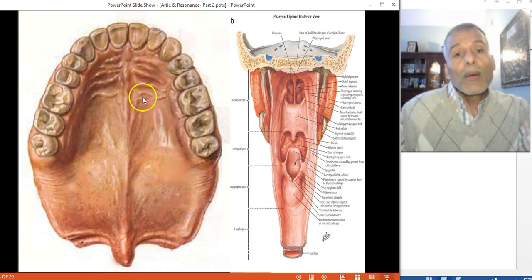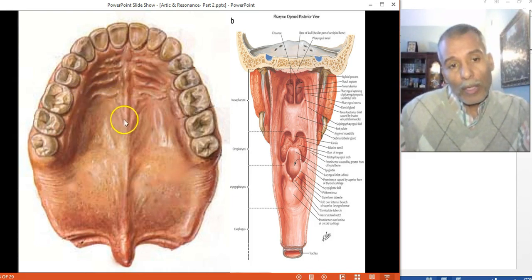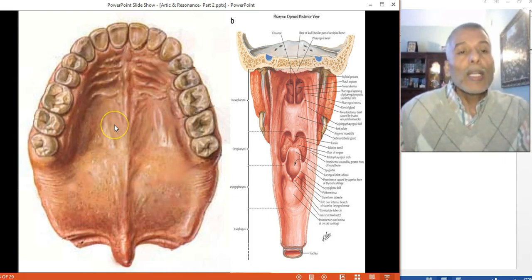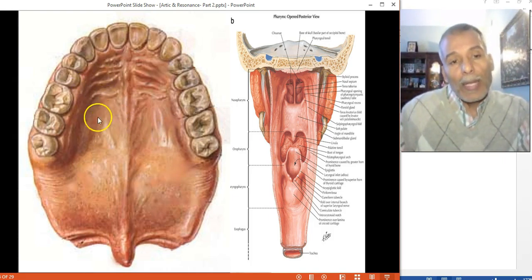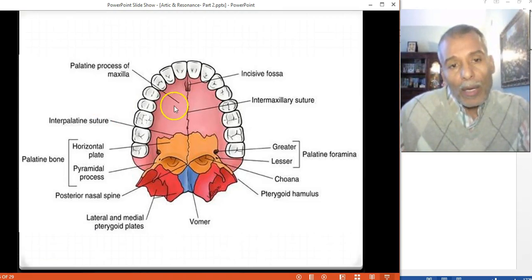And then once you start this fusion, you have the fusion of the second part of the hard palate with this. So then you have this little area. I'm going to show it to you on the next slide. It's clearer. Here, that is called the palatine process of the maxilla.